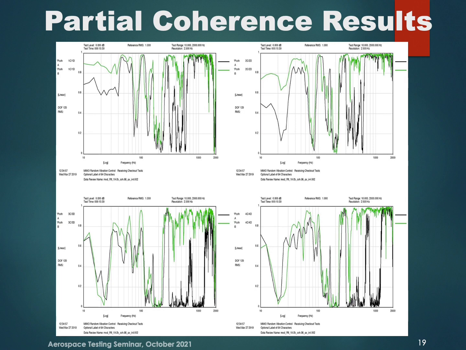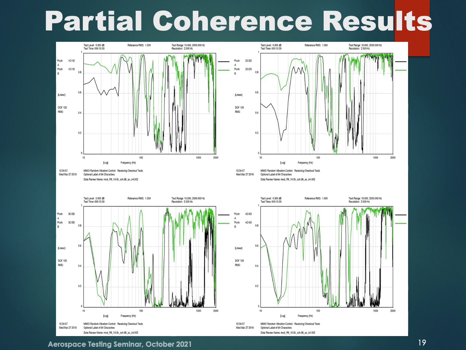Here I'm showing on the top the partial coherence for Y1 and Y2 for test A and B. As you can see, the green trace for test B, the partial coherence between Y1 and drive 1, is higher than for test A, where the black trace is also the same measure.